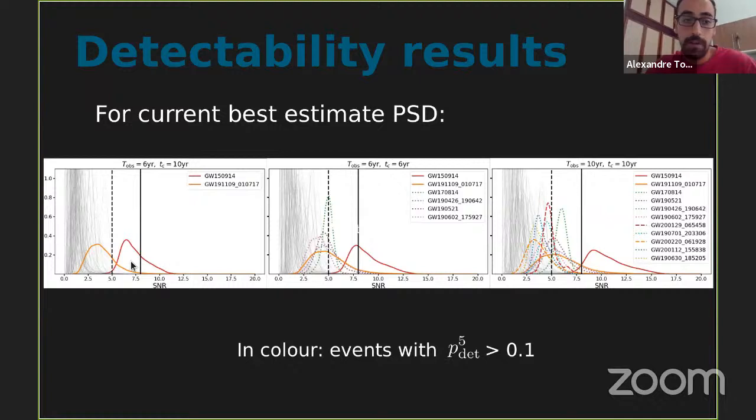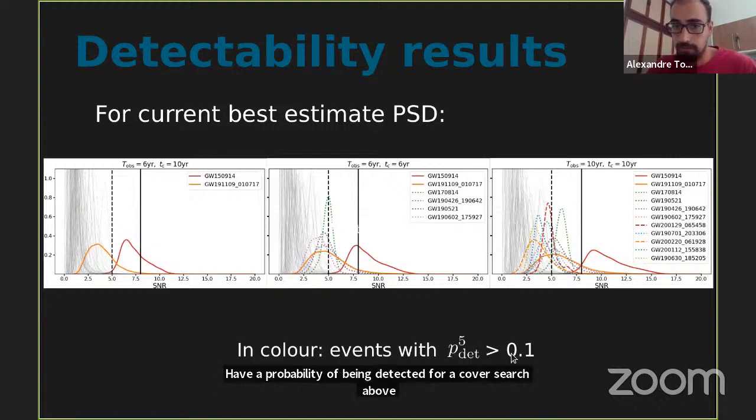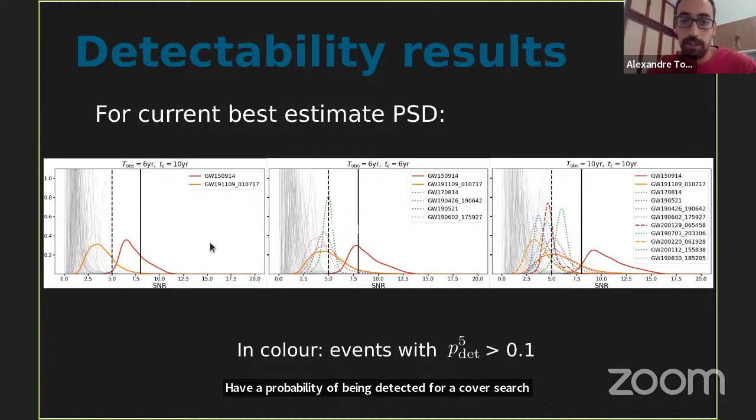And in color, I'm highlighting the systems that, for each of the time to coalescence and observation time combinations, have a probability of being detected for archival search above 10%. You can see that, as expected, if you observe the systems closer to merger and for longer, the SNR increases, and so does the detection probability.